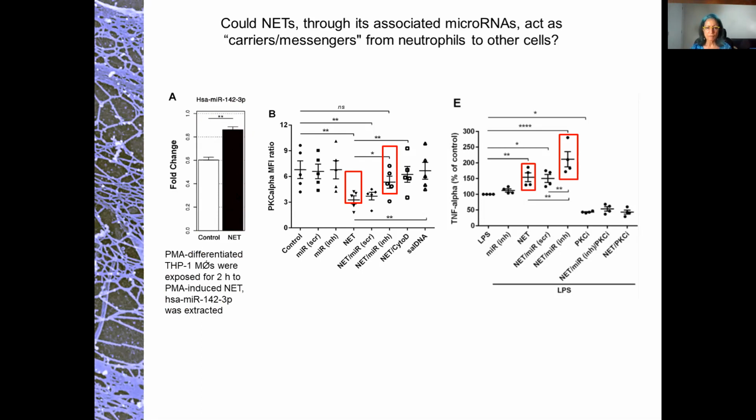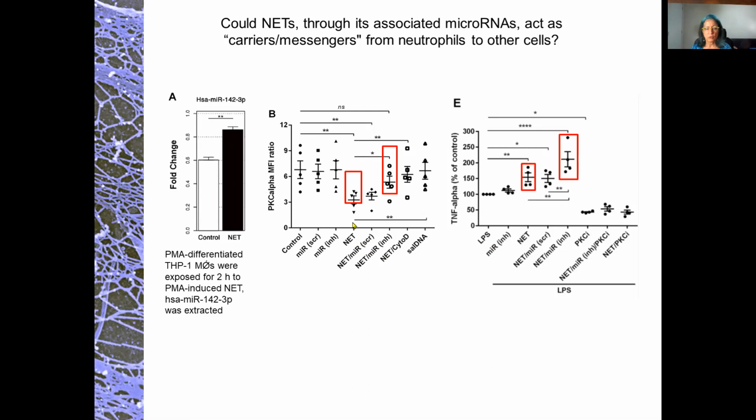But this was not enough to show that those NETs carrying microRNAs are changing or doing something in the macrophage. So we measure two readouts. We measure PKC activity and TNF alpha production.